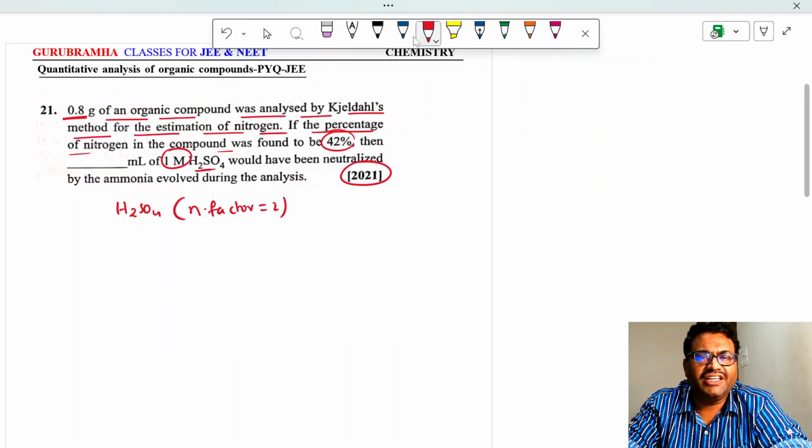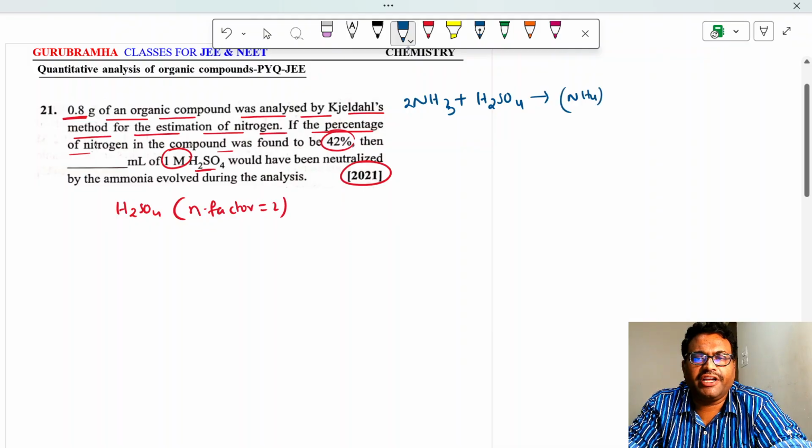In the reaction, already we have seen this reaction twice, NH3 reacts with H2SO4 to give (NH4)2SO4 salt.